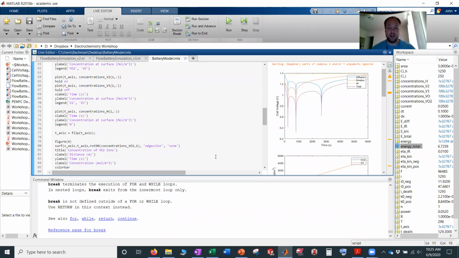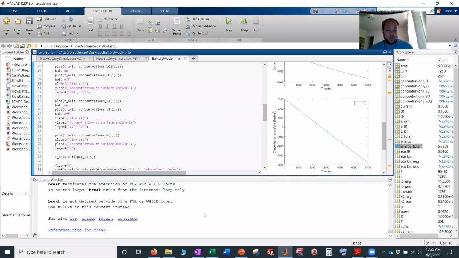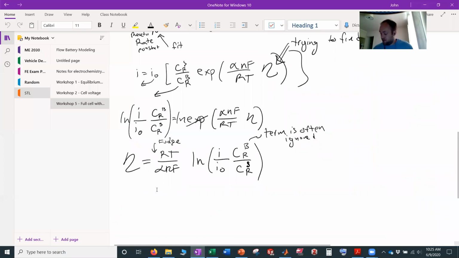Okay, so the last thing I want to do is, we said this was a flow battery. So we have this model that looks like this. We're actually running a model that kind of looks like this.